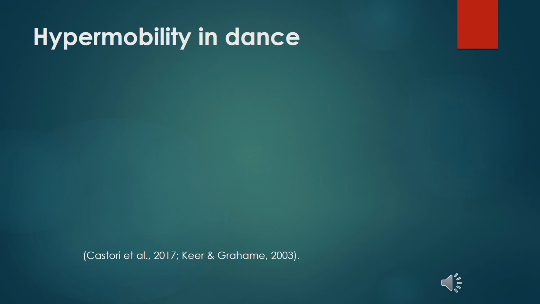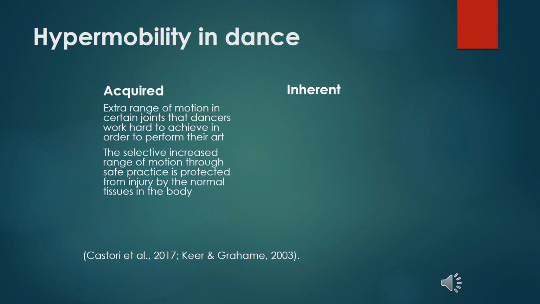At a very basic level, it is important as dance practitioners to understand that hypermobility can be acquired or inherent. Acquired hypermobility is observed as an extra range of motion in certain joints that dancers work very hard to achieve in order to perform their art.